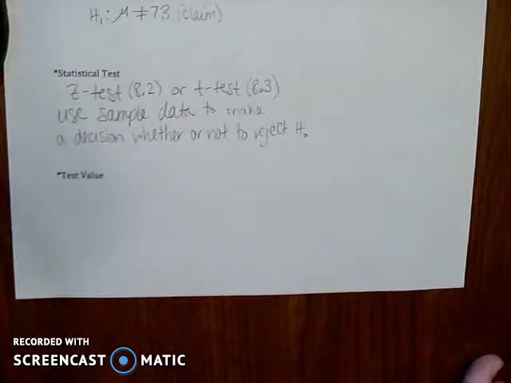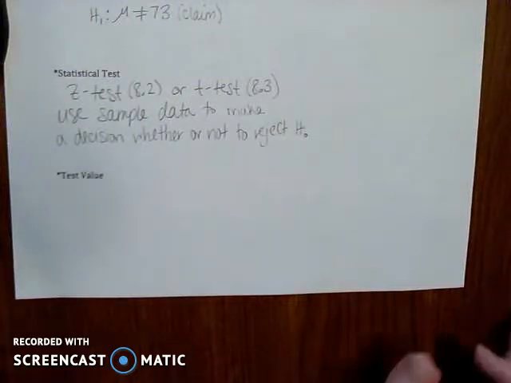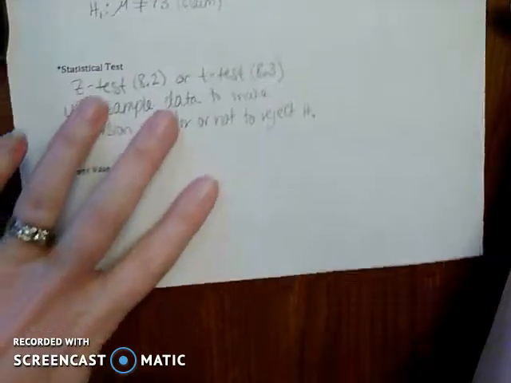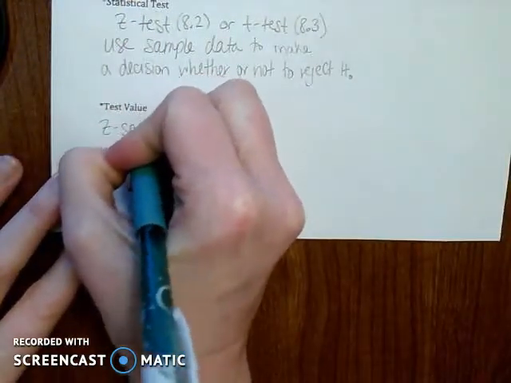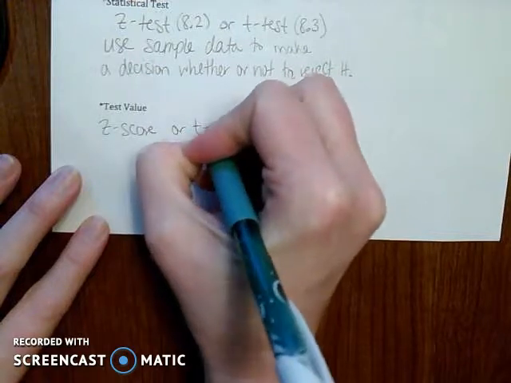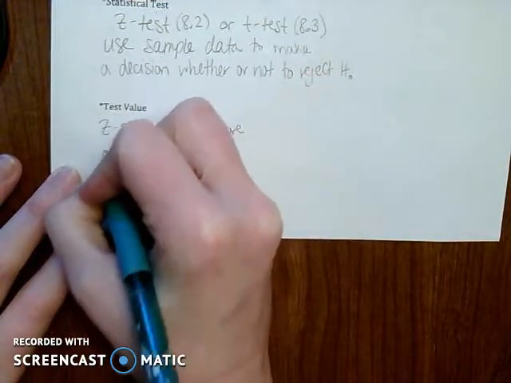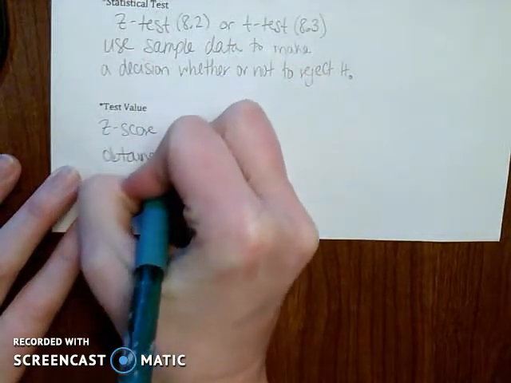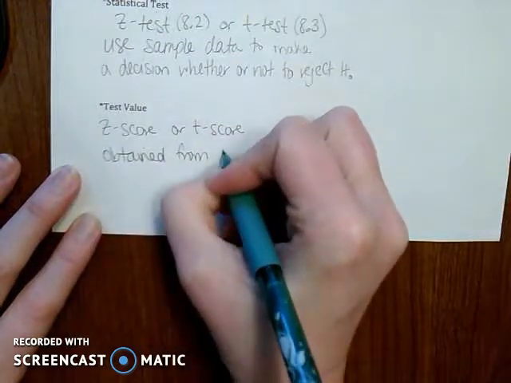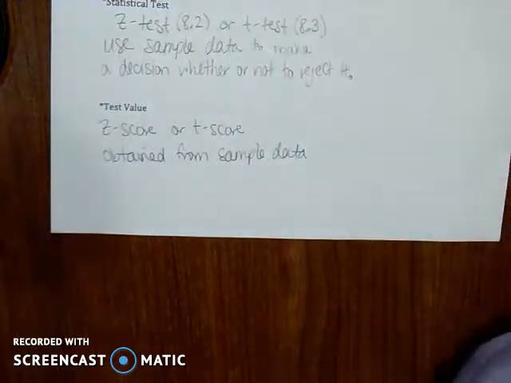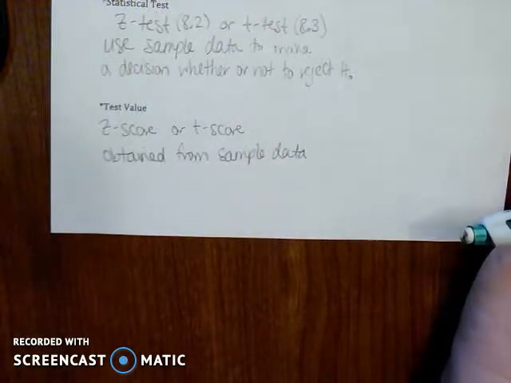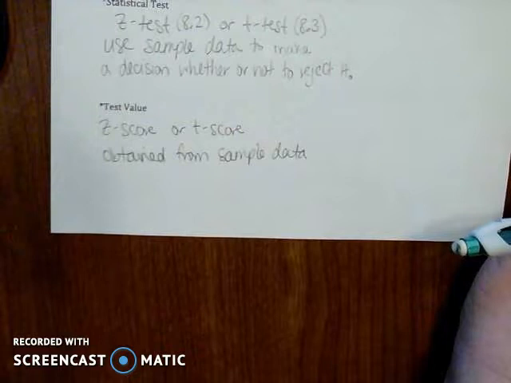Okay, and so again, once we do this with an actual problem, hopefully it'll make more sense, but that's what it's going to be. All right, the test value is your t-score or your z-score, obtained from your sample data. So you'll do your normal z or t calculation to figure out what your test value is.